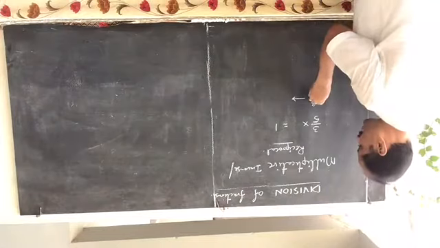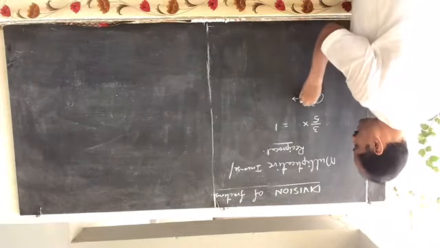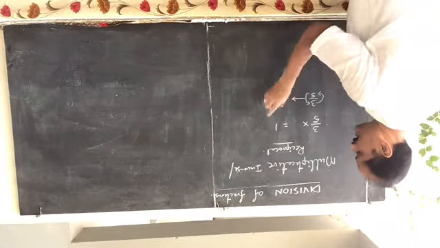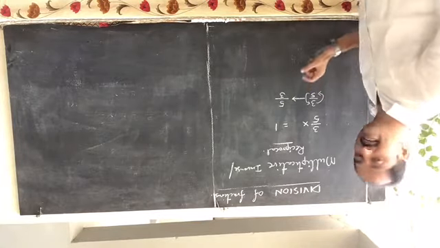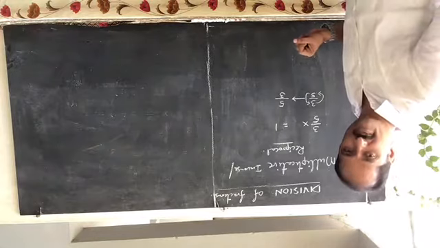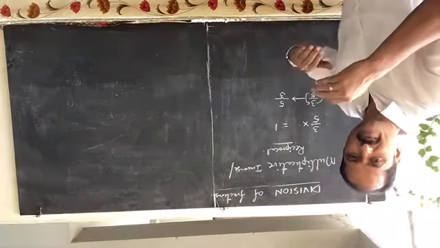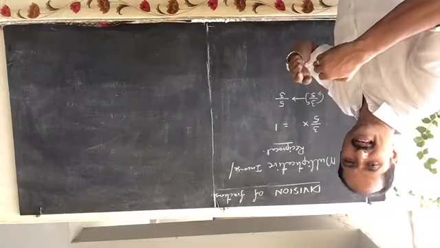Change the numerator to denominator and the denominator to numerator. Then that becomes 5 by 3. Understand? 5 by 3 is the reciprocal or multiplicative inverse. For a fraction, converting numerator to denominator and denominator to numerator gives the reciprocal.